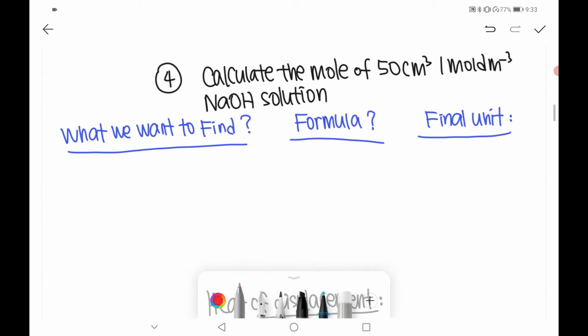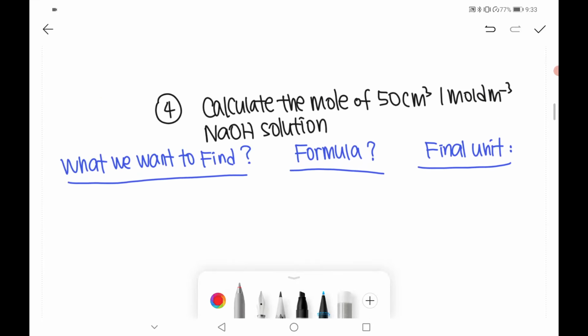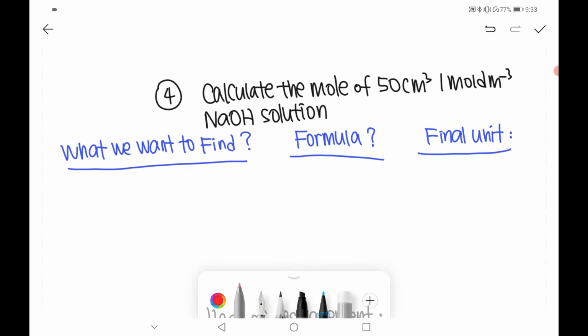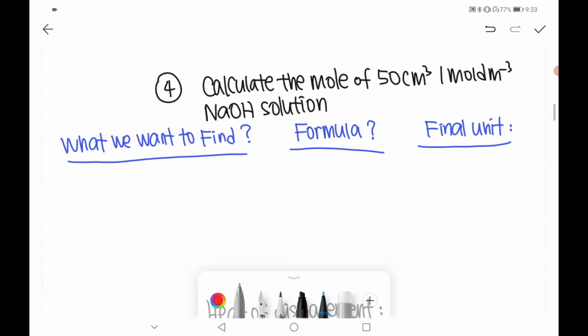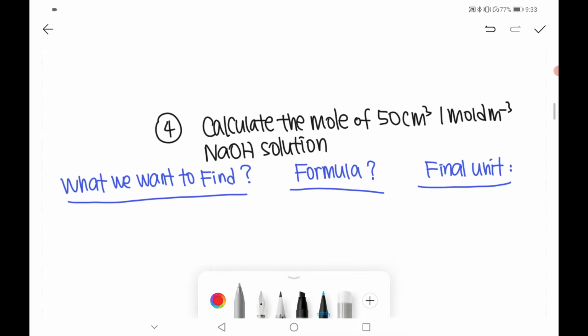This is the last question that we will discuss before we continue with the main concept. What if the question asks us to calculate the mole of 50 cm³, 1 mol per dm³ sodium hydroxide solution?